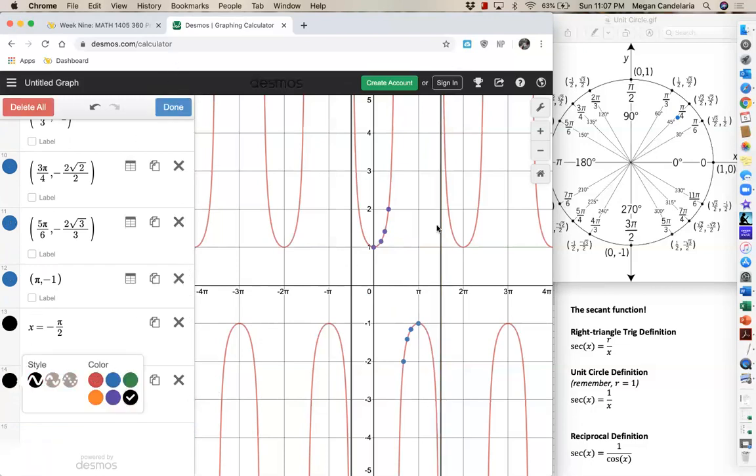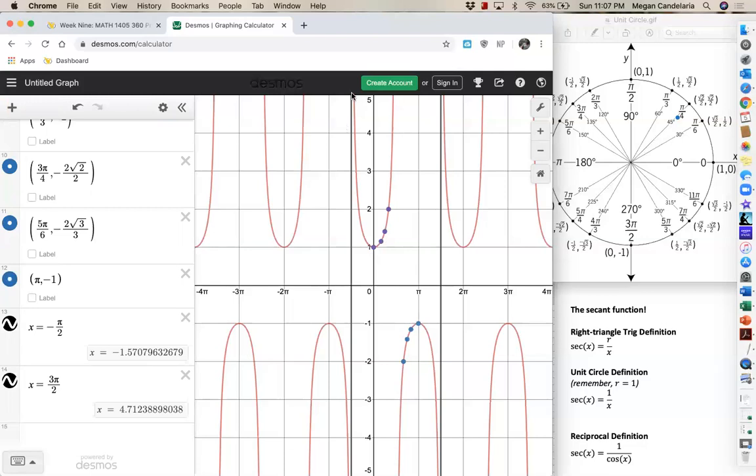Okay. And notice that between these two bars, we've got one upward and one downward. So that again is a full period. That full period is going from negative pi over 2 to 3 pi over 2. Adding those together gives us 4 pi over 2 or 2 pi. So either way we look at it, our period is 2 pi, okay?